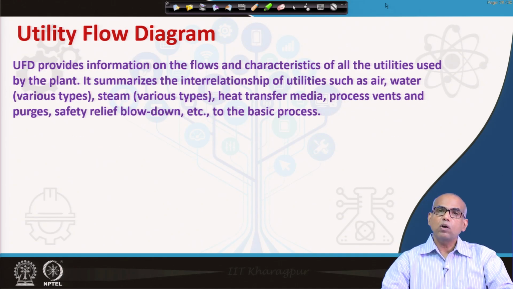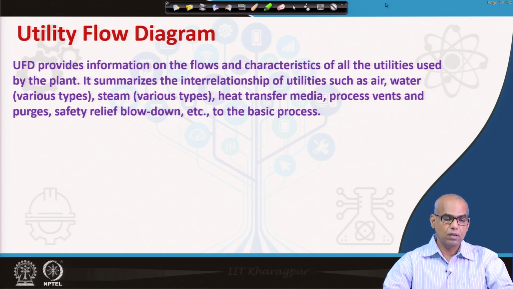Now, we have talked about various chemical engineering flow diagrams such as block flow diagrams, process flow diagrams, piping and instrumentation diagram. Chemical engineers also use utility flow diagram.